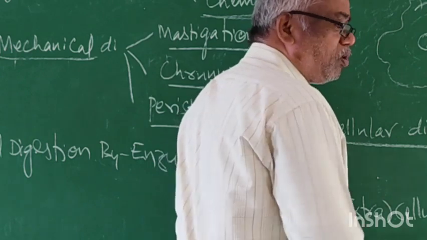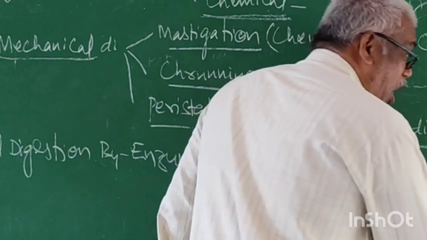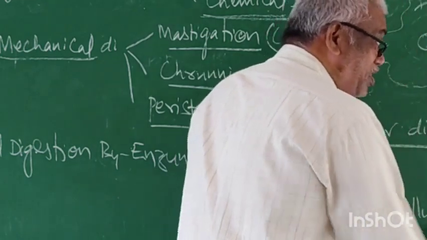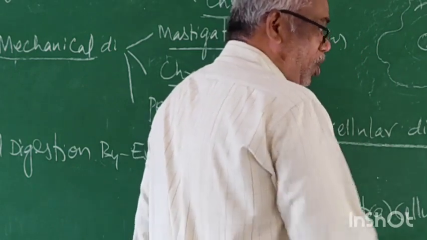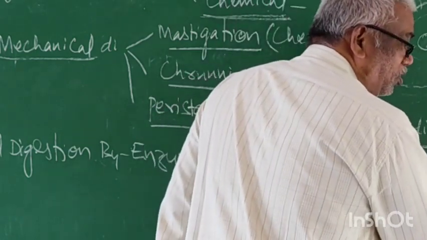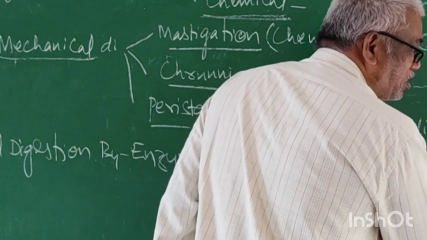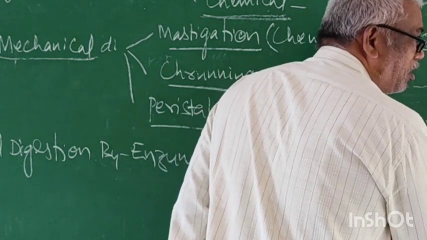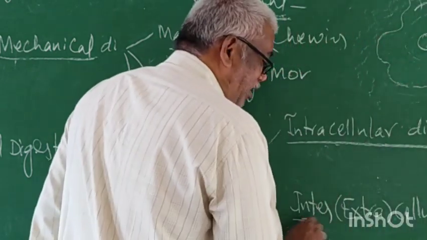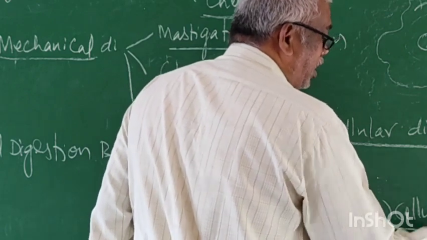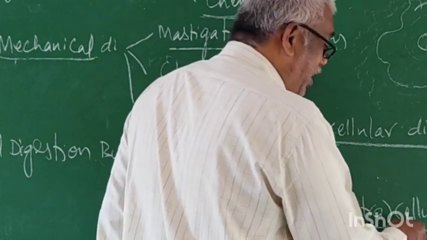Now, be careful. The food is present in the body, but outside the cell. The digestion happens in the lumen, that means outside the cell, hence our digestion is inter or extracellular digestion. What is our digestion: intracellular or extracellular?